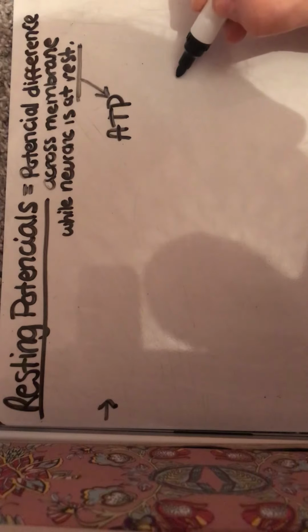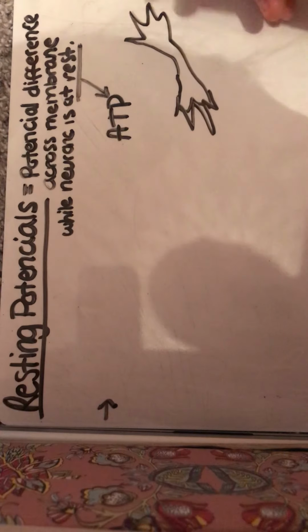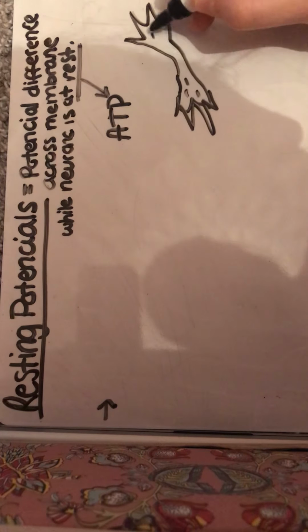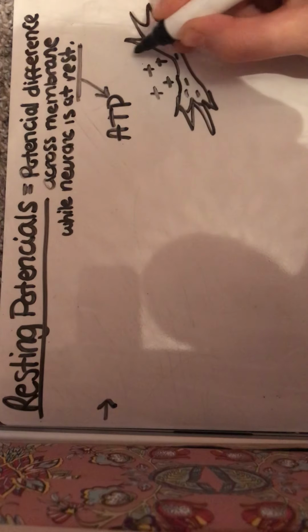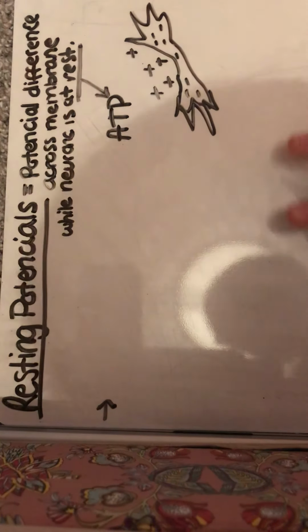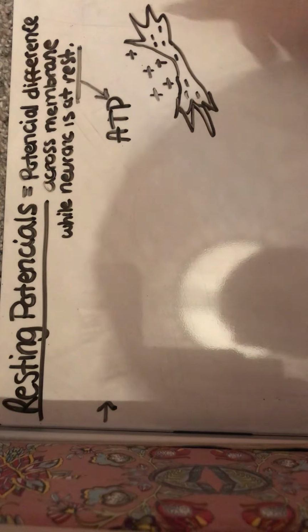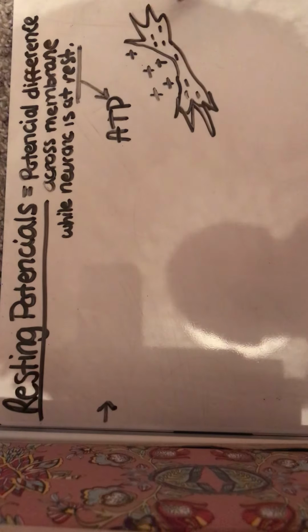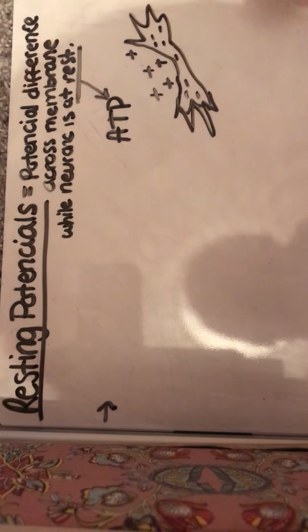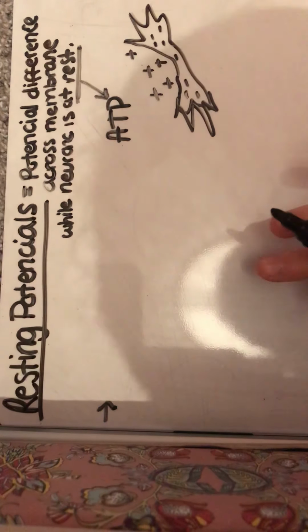If I just drew a quick neuron, ignore the drawing, this has to be a lot more negative than the outside, which should be positive. And in that way we can conduct our action potential. So the resting potential is what's happening when the cell is preparing for an action potential and we are actively pumping ions in order to get this balance correct.